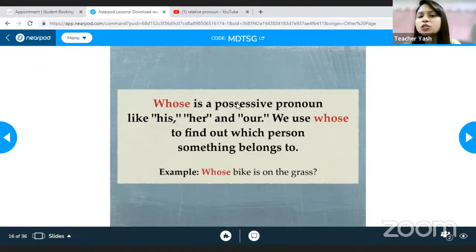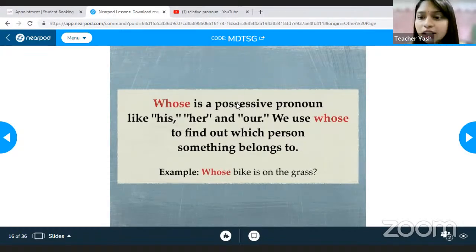Which person something belongs to, understand? Like whose bike is on the grass, or whose pencil. But this one is a question, right? Whose?